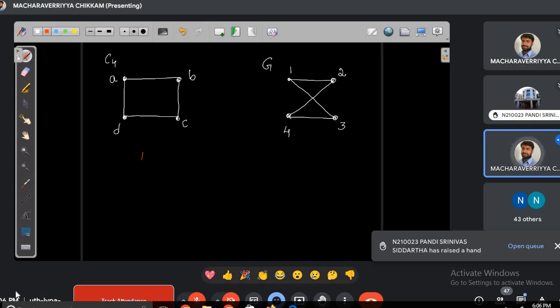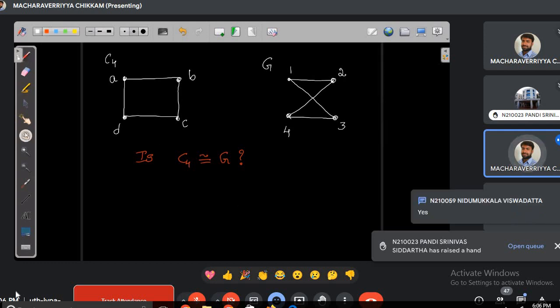Now the question is: is C4 isomorphic to G? We know the definition of isomorphism.